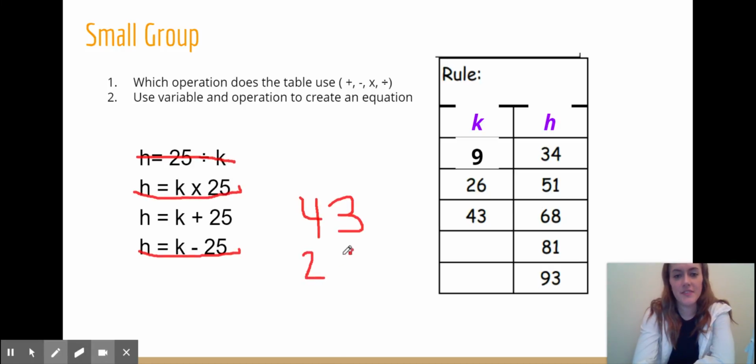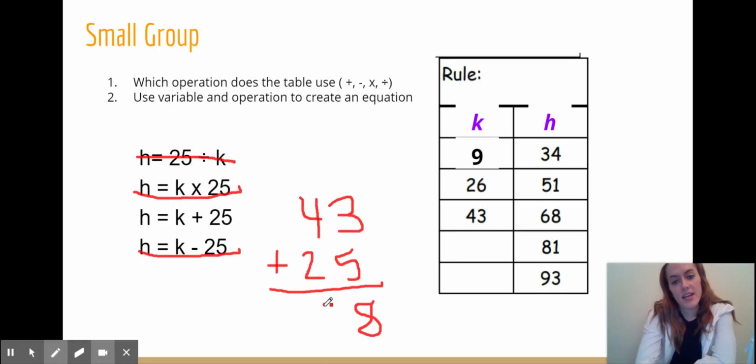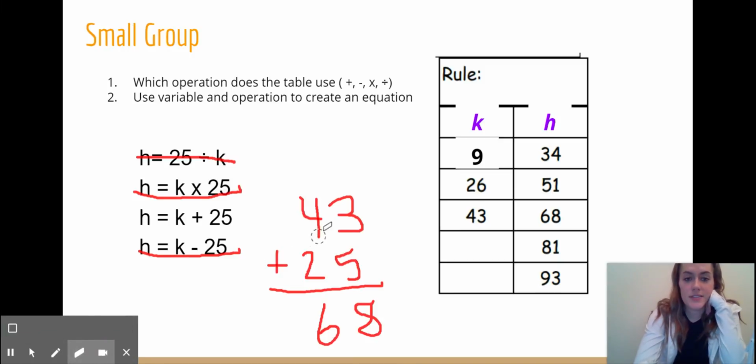Let's not confuse you. All right, 43 plus 25. See if we get 68. 5 plus 3 is 8. So far, so good. And 4 plus 2 is 6. Yes, yes, yes.